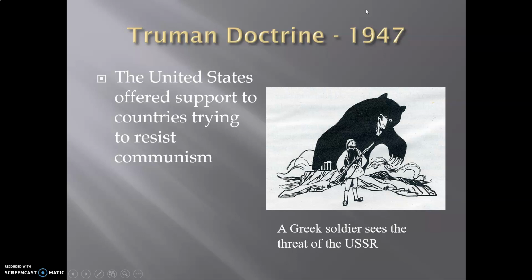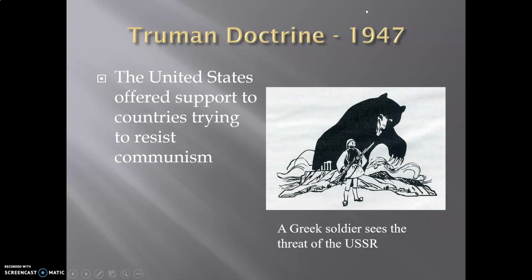And this plays out first in Greece, in which there was an attempted communist revolution, and in Turkey. Now, while the Soviets did support these communist revolutions, remember that a lot of these things, especially with Vietnam, were kind of happening on their own. It wasn't a big mastermind plan by the Soviet Union.